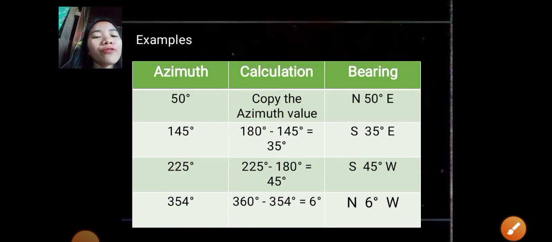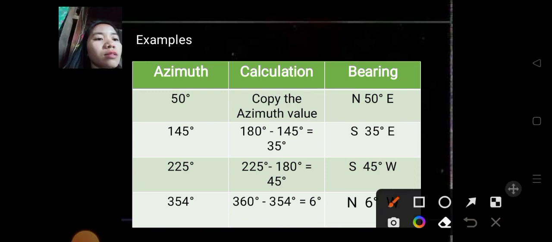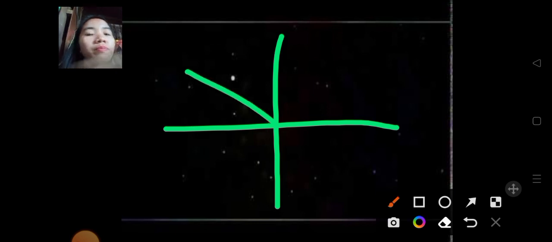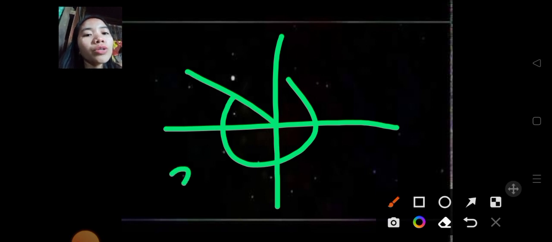Then 354 degrees. The calculation to be used is 360 degrees minus azimuth. So we just substitute the value of the azimuth, which is 354. We have 360 degrees minus 354 degrees, which is equal to 6 degrees. So the 354 belongs here. This is our 354 degrees.